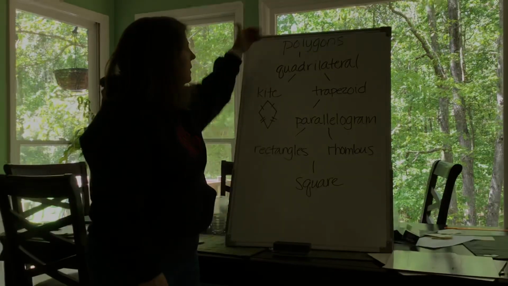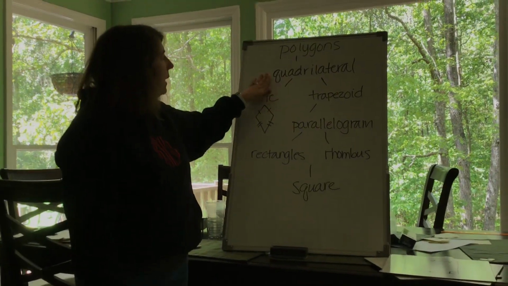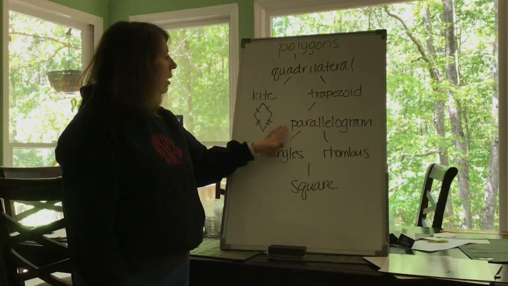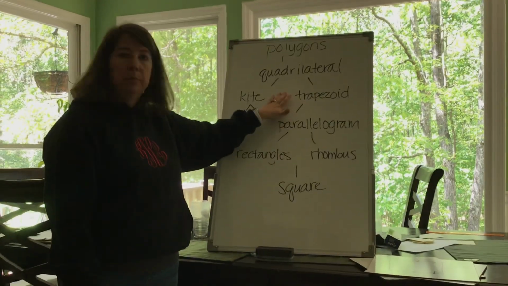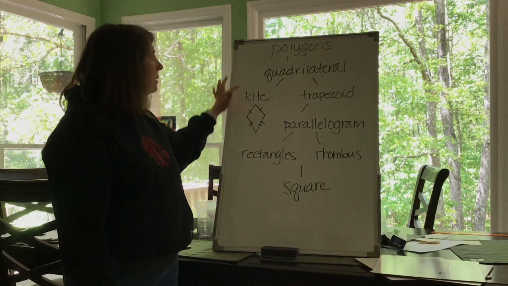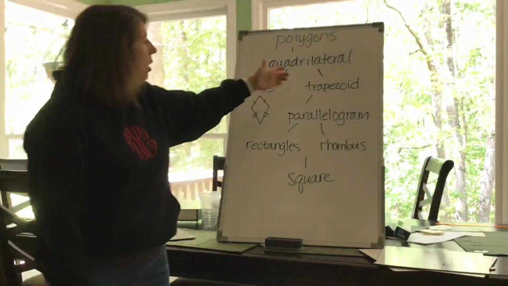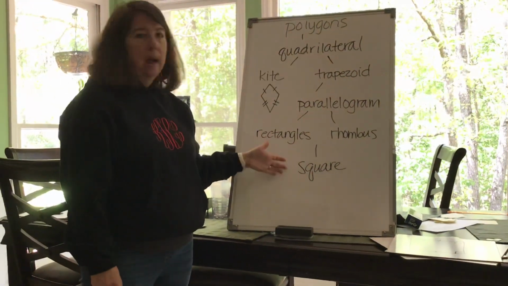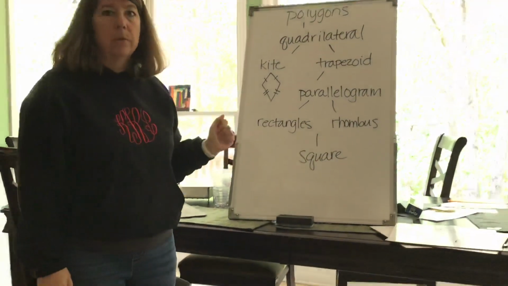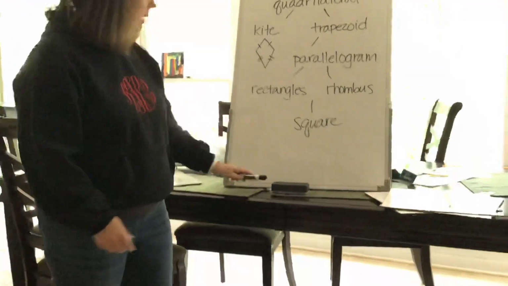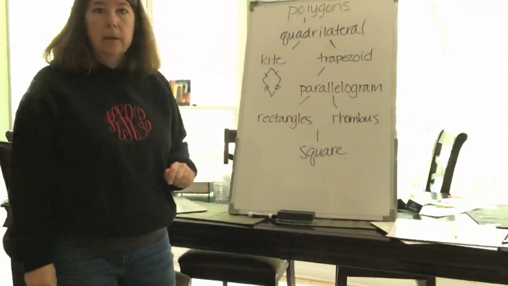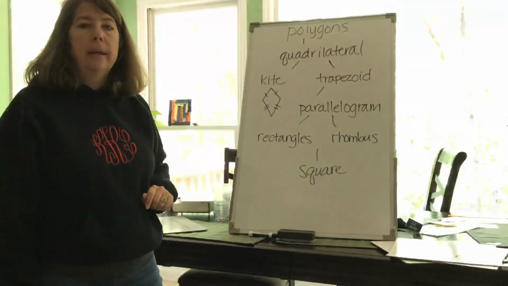So remember, you always have to go up. All quadrilaterals are polygons. All parallelograms are trapezoids. All kites are quadrilaterals. My arm moved up each of those times. All trapezoids are not squares, and we saw pictures of those earlier. All right, again, this is the hierarchy of quadrilaterals, or you could call it a tree diagram.